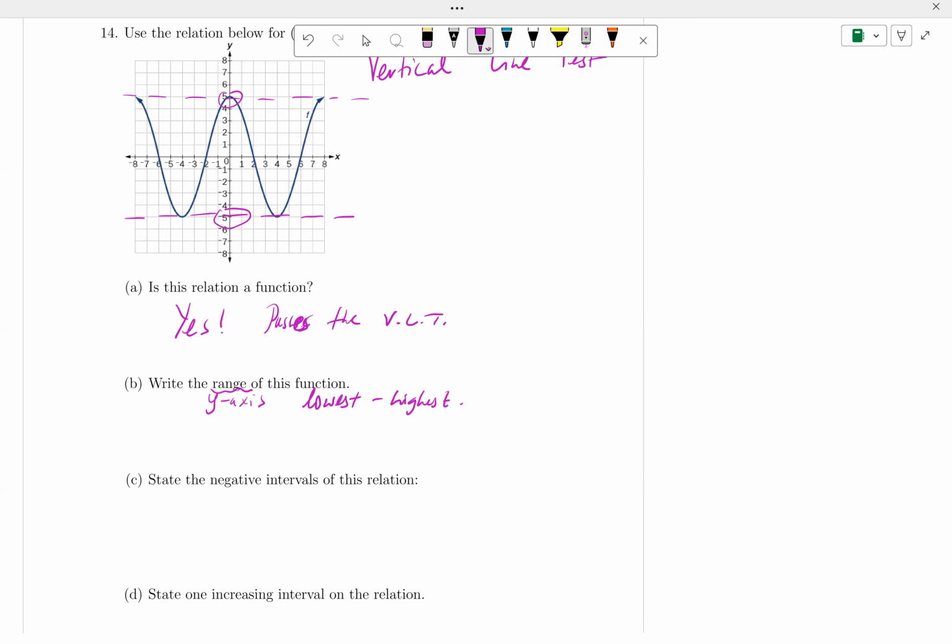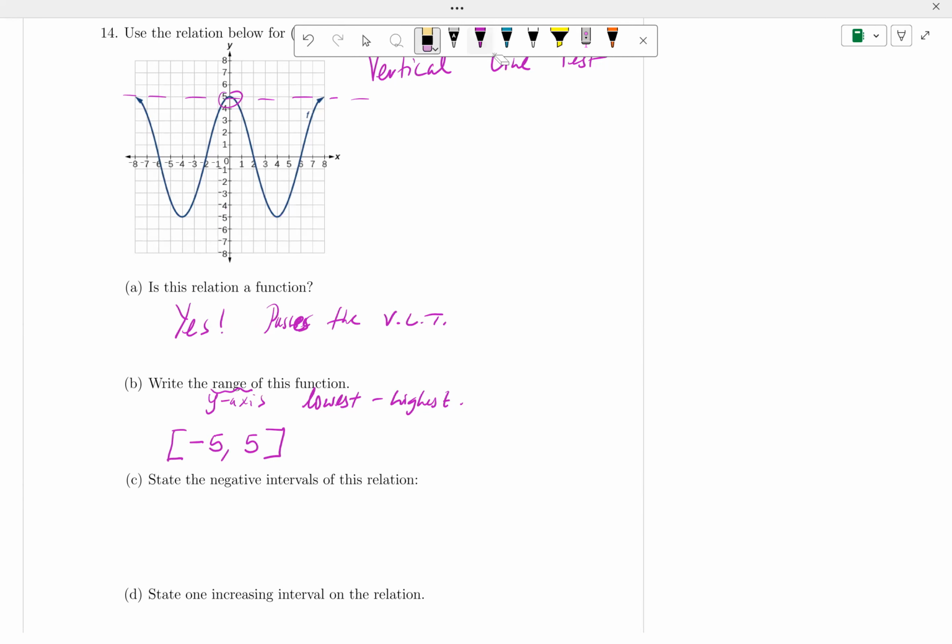So we can say between -5 and 5, and we use brackets to enclose that. Hope that makes sense.